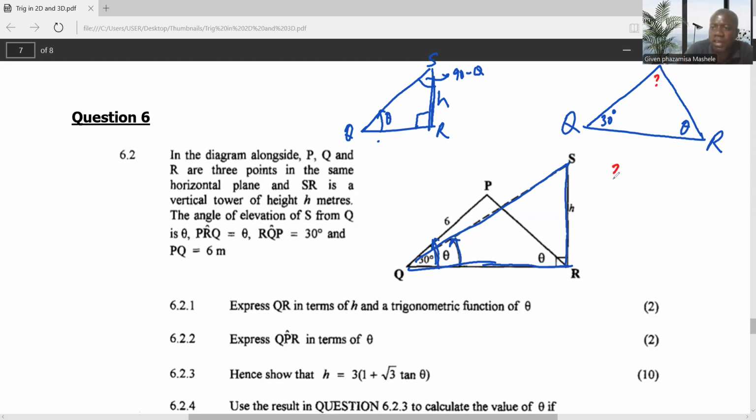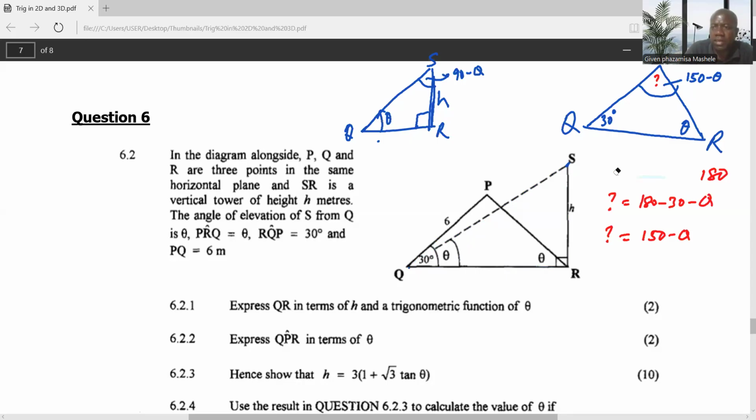You can say this plus 30 plus theta will be 180. So let's transpose the two. 180 minus 30 minus theta, which is 150 minus theta. So we know this angle here is 150 minus theta. Okay, so these are the two triangles which I believe we'll be using.